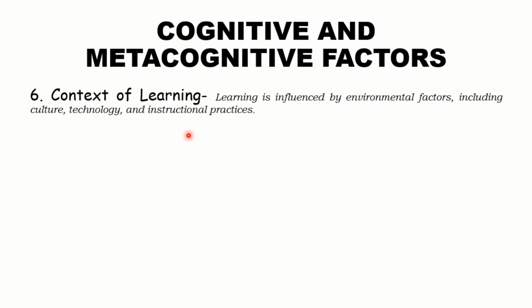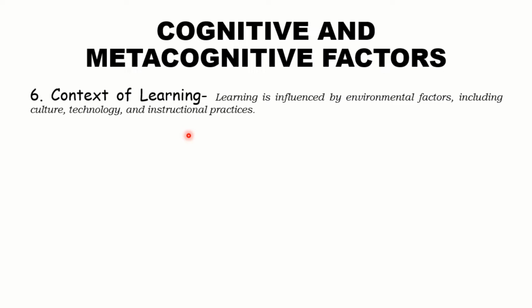So the technologies or the instructional practices can also contribute to the learning process of the students, whether your technologies, instructional practices, or materials are appropriate for learners' level of prior knowledge, cognitive abilities, and their learning and thinking strategies.